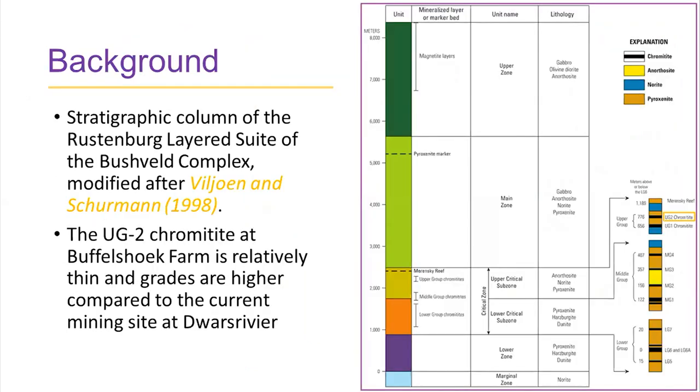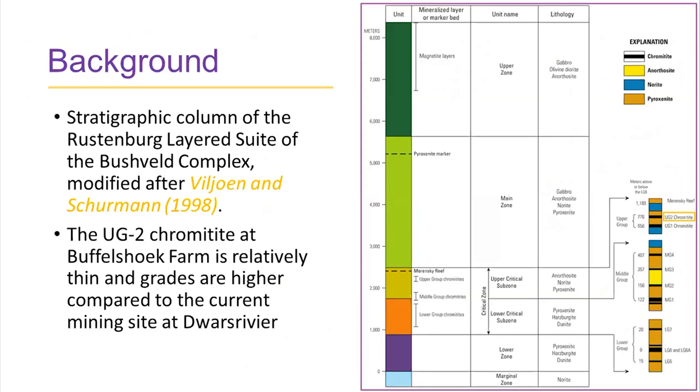At Buffelshoek, which forms the new acquisition in particular, what is interesting is that the reef is a bit different compared to the current mine site at Dwarsrivier, where the UG2 is about 1.2 to 1.4 meters thick.